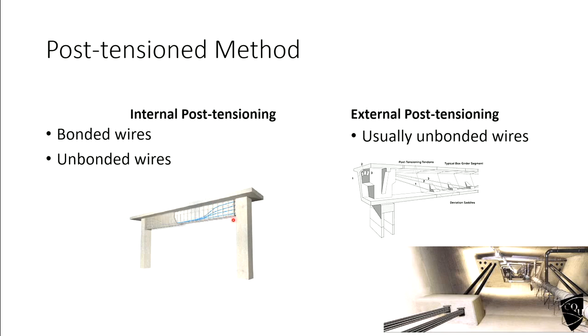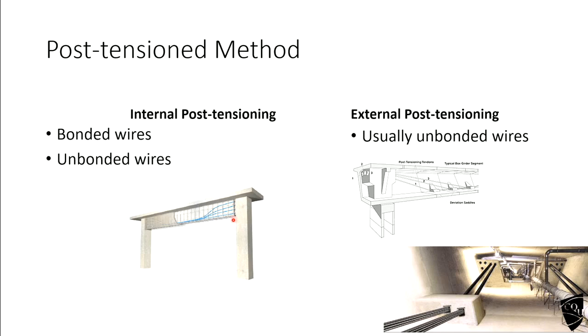When you insert the tendons and tighten, after tightening we normally fill the gaps. When you insert the tendon through the duct, there will be some gaps between them, so we fill those gaps using grout with high pressure, or sometimes we leave it unbonded.